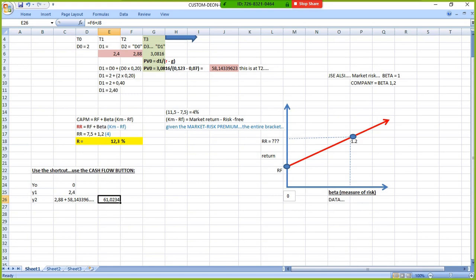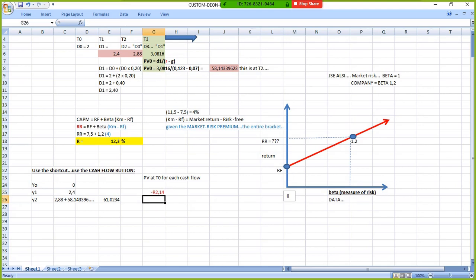Now you can do this manually, where you discount each cash flow and just add it. If I take the present value at T0 for each cash flow, what am I going to do for this cash flow? I'm going to discount it for 1 year. So PV, open brackets. The rate is 12.3%, so 0.123. N is 1 year, no payments. The future value is 2.4.